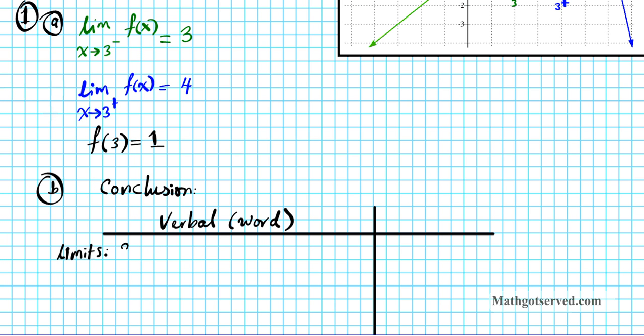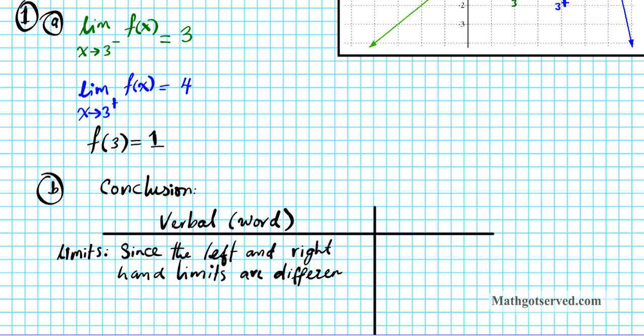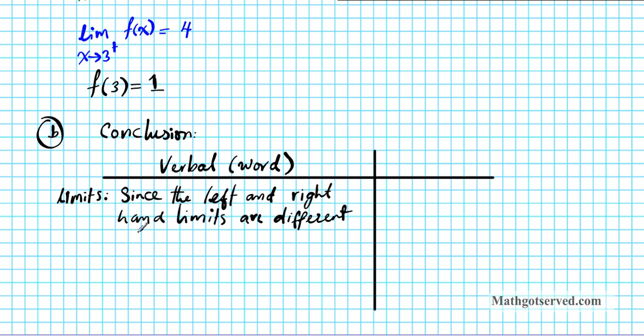Well, since the left and right hand limits are different, the limit as x approaches 3 does not exist.